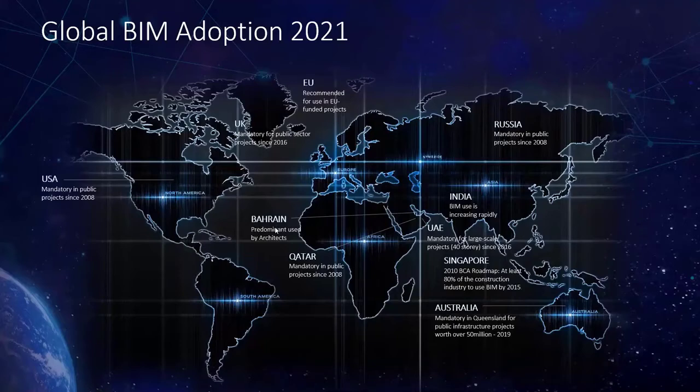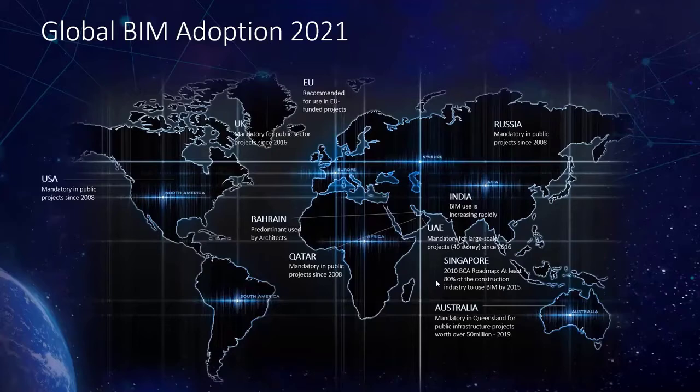In Bahrain, here we are, gradually improving and trying to get into the market, showing people the benefits of BIM, but it's predominantly used at the moment by architects for the most part. In Qatar, it's mandatory for public projects since 2008. Similarly, in the UAE, any project with more than 40 stories must use a BIM-based workflow, from 2016.